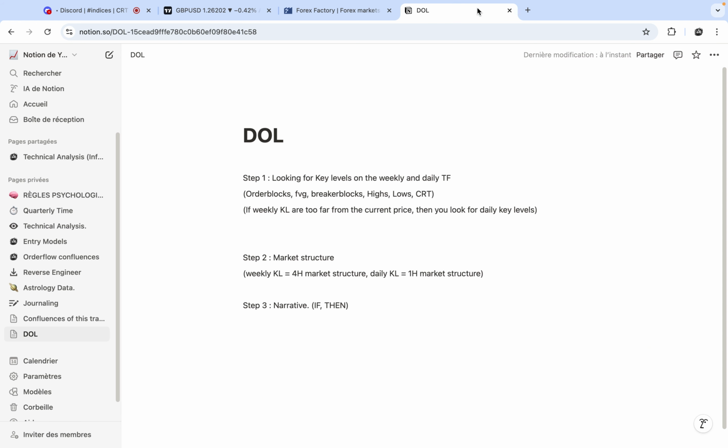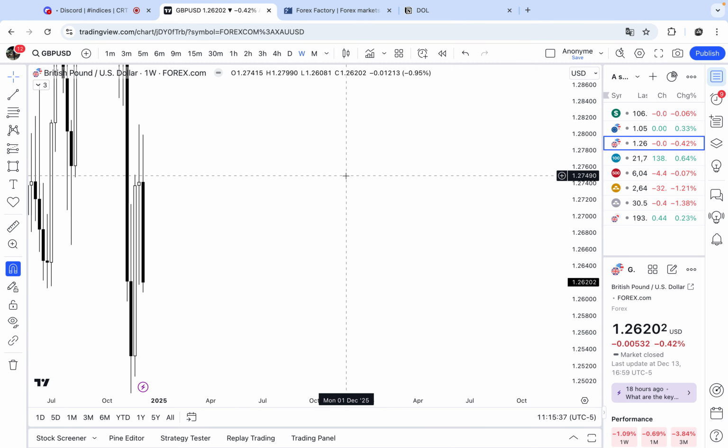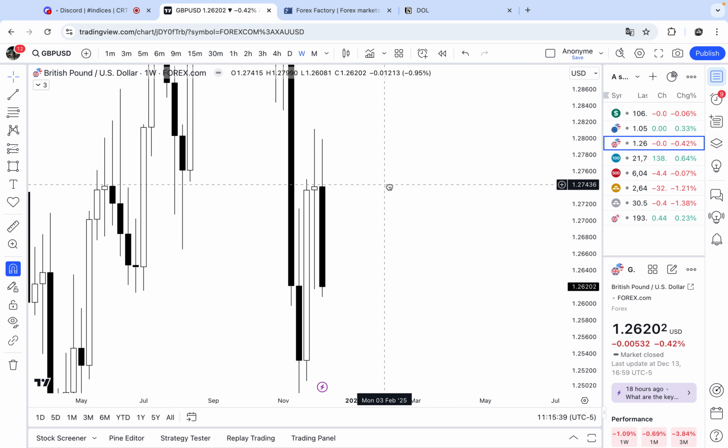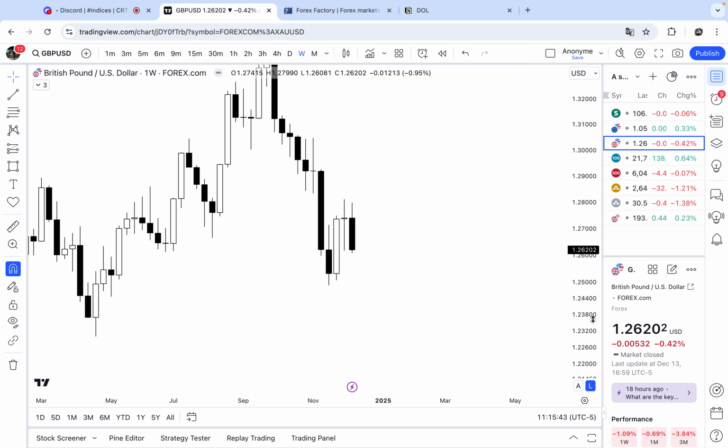So, step one, looking for key levels on the weekly and daily time frames. We're going on the weekly time frame and now we're looking for key levels. So, guys, what can we see here? I see something very nice. What do you guys see here?